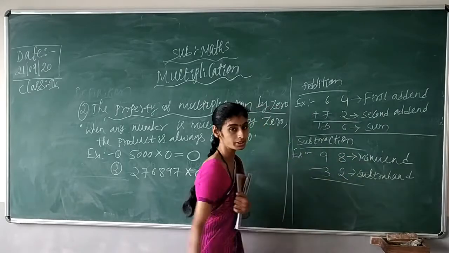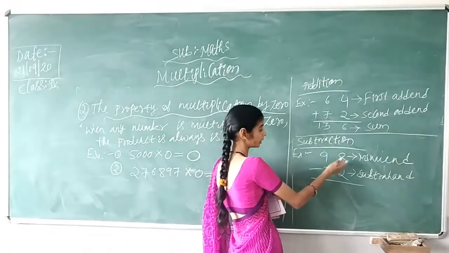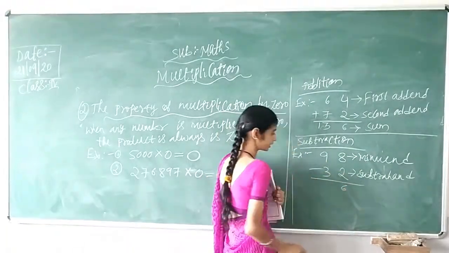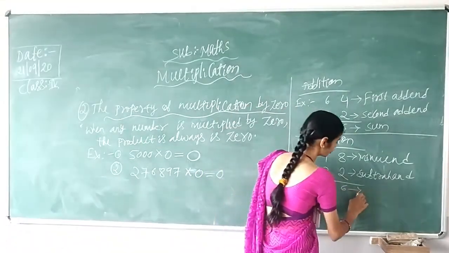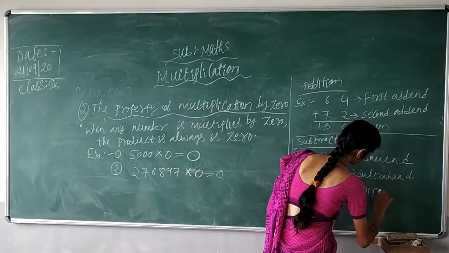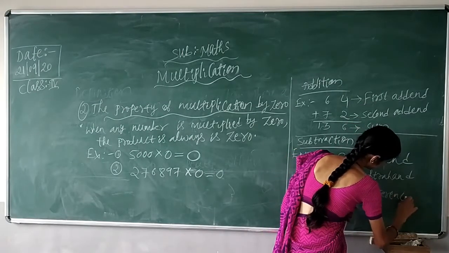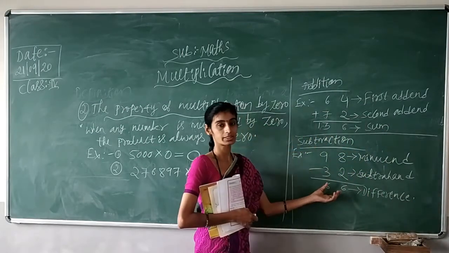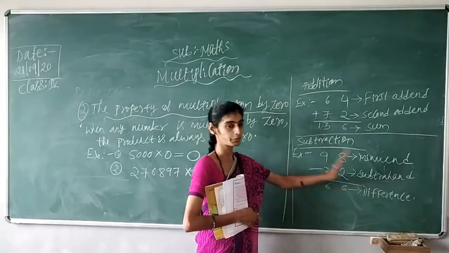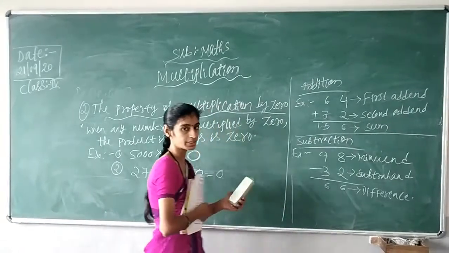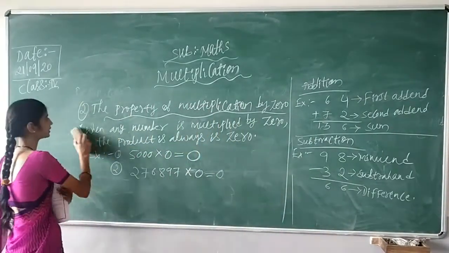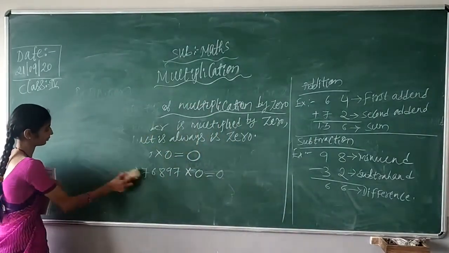Then take the difference of these two numbers: 8 minus 2 is 6, 9 minus 3 is again 6. And whatever the answer is, we call it the difference. Likewise, multiplication also has some terms. Let us see what those terms are.